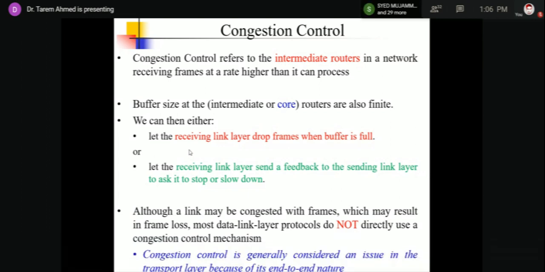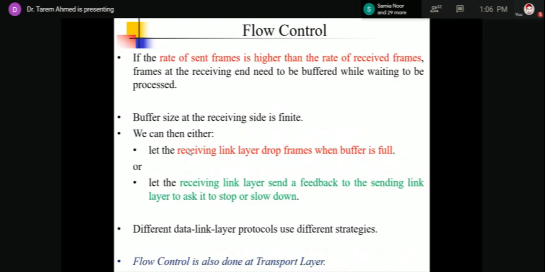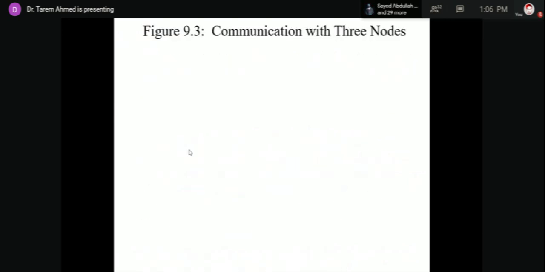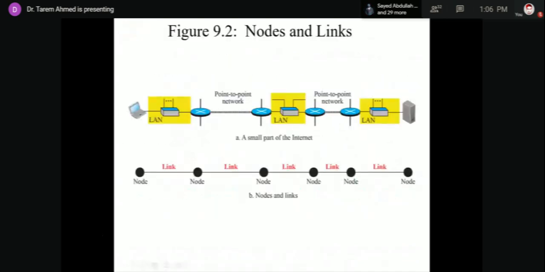When a network is congested, not flow control, when the backbone network is congested, say multiple intermediate routers are congested, the result is everyone is supposed to slow down.